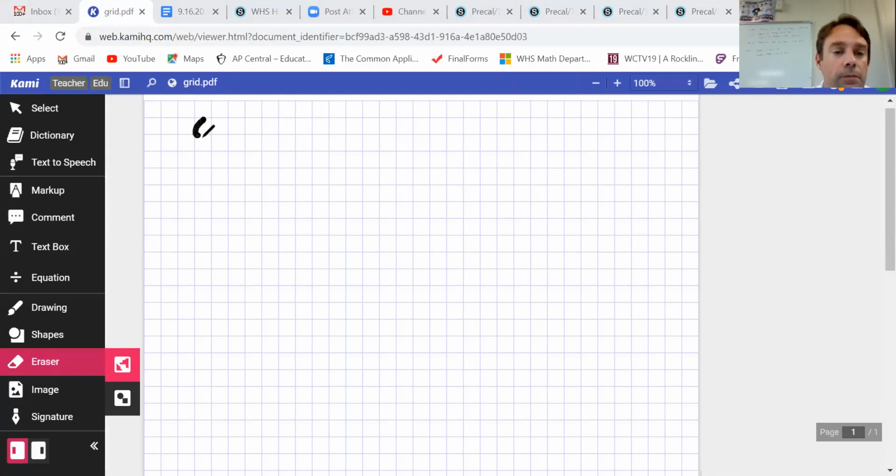So that is too wide. So there you go, better. You guys are going to start off with this equation right here. So I'm going to start off and give you an ellipse. So this is the equation of an ellipse.